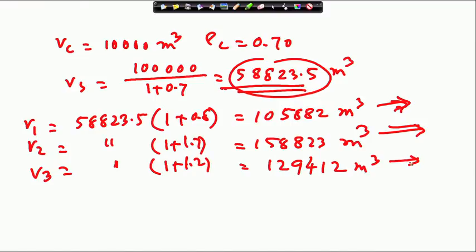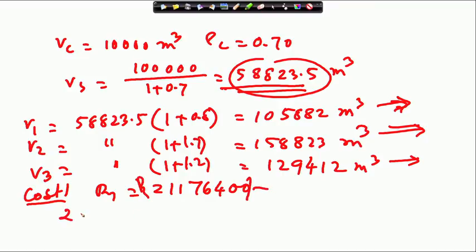Now, the cost of material and transportation is given. So, I can multiply by that volume: cost 1 will be this volume multiplied by 200 rupees, which gives you 21,176,400 rupees.